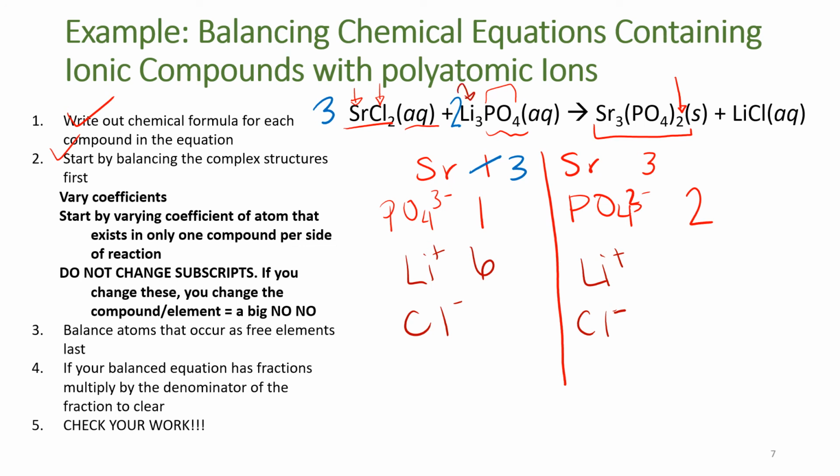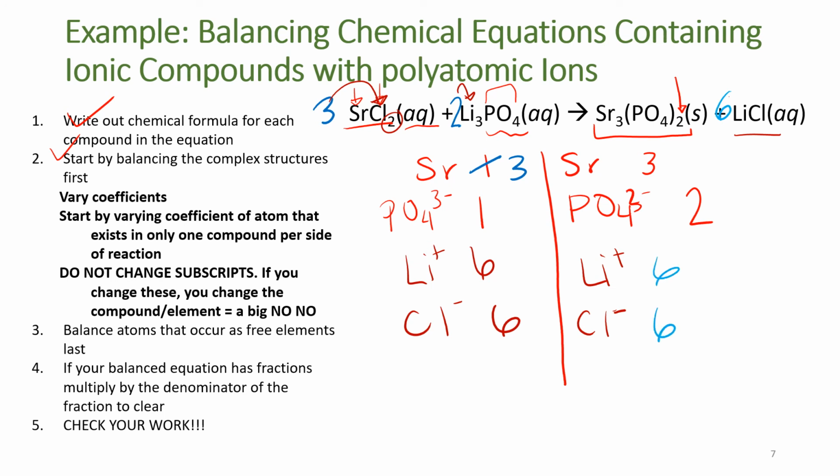So overall that multiplies. And then we have also 6 chlorides, because we have that subscript times that 3 that carries out. So essentially, because the lithium and chloride are bound together on the product side, all we need to do is add a 6 in front of here. And then that's basically it.